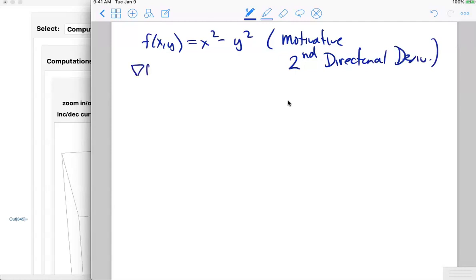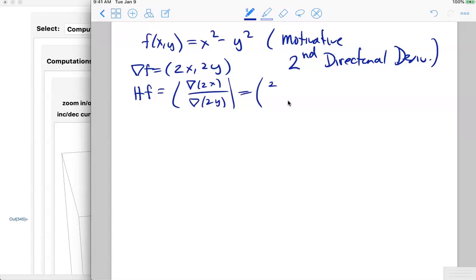We know that the gradient is 2x comma 2y, and the Hessian is the gradient of 2x stacked on top of the gradient of 2y. The gradient of 2x is equal to 2. The partial derivative of 2x with respect to x is 2. Partial with respect to y is 0. Partial with respect to x, partial with respect to y. So here's our Hessian.